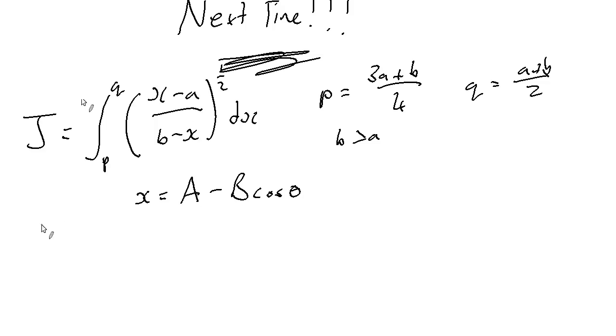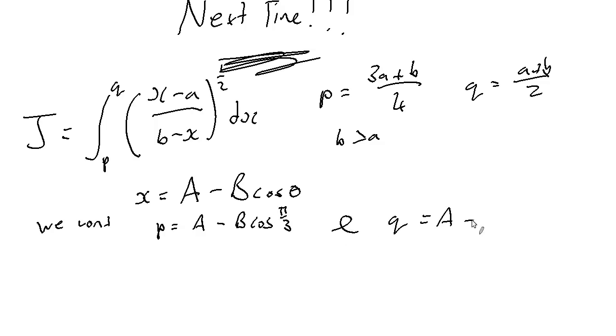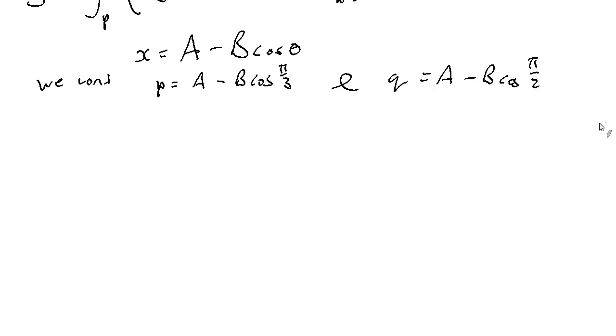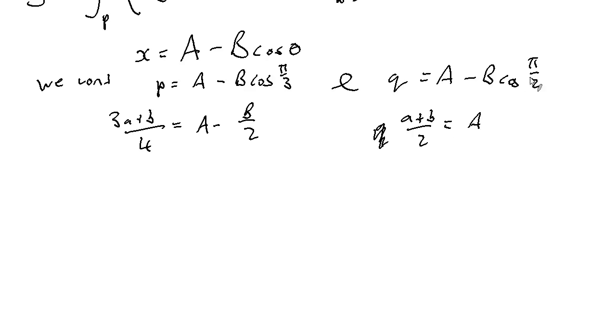With that in mind, we want p to equal a minus b cos(pi over 3) and q to equal a minus b cos(pi over 2). So let's use this to try and find suitable a and b for that to happen. Now p is (3a plus b) over 4. We want that to equal a minus b over 2, and q, which is (a plus b) over 2, to equal a minus just a.